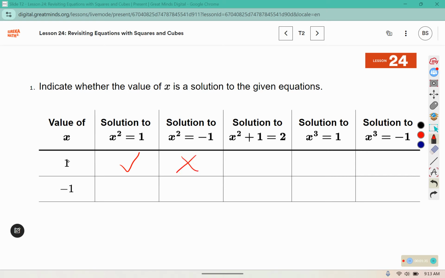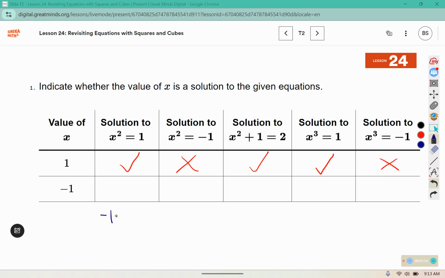No. 1 squared is 1, and 1 plus 1 is 2. 1 cubed, that means 1 times 1 times 1. And that does equal 1. But 1 times 1 times 1 is going to be positive 1, not negative 1.